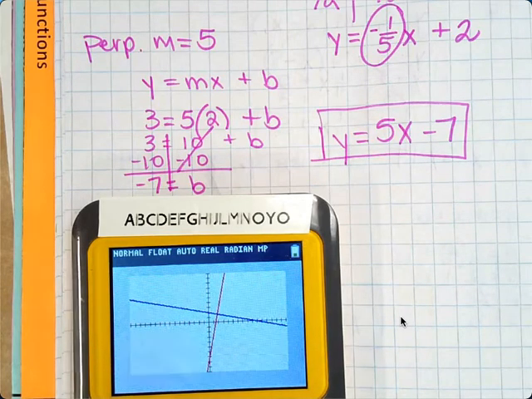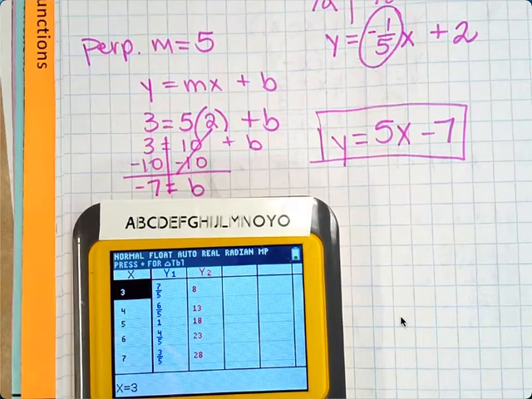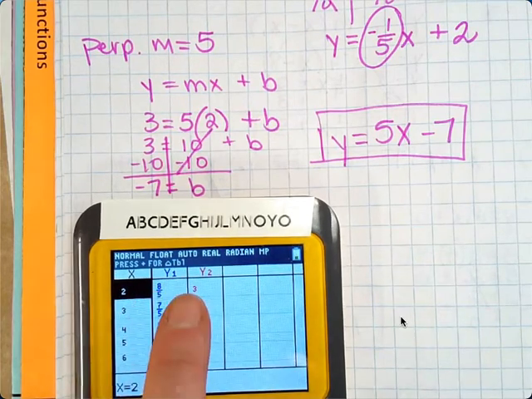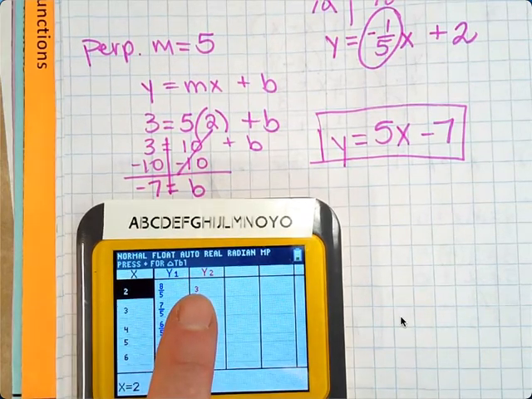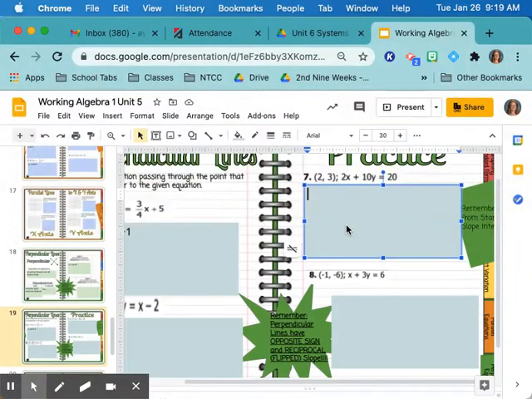Now check your graph. Go to your table, and we're looking for 2, 3. So 2 on the x, and y should be 3. Okay, let's put that in. y equals 5x minus 7.